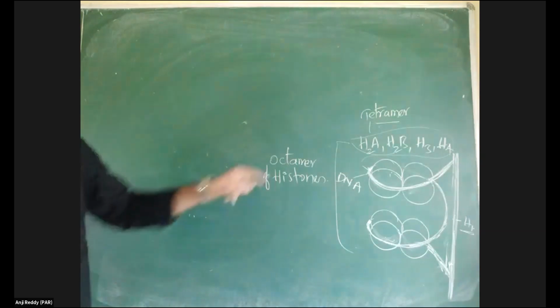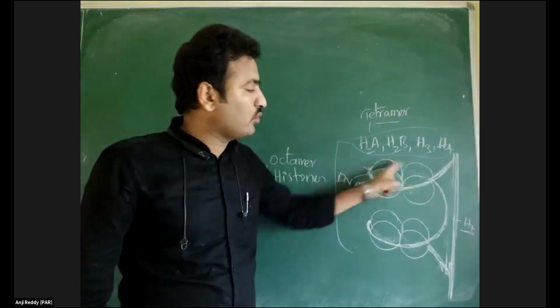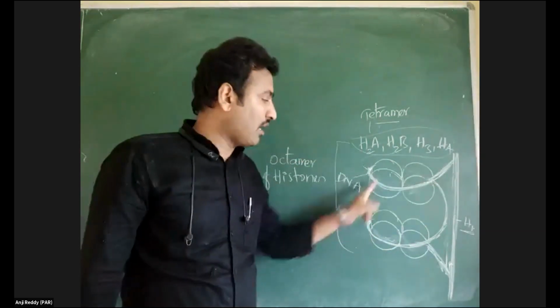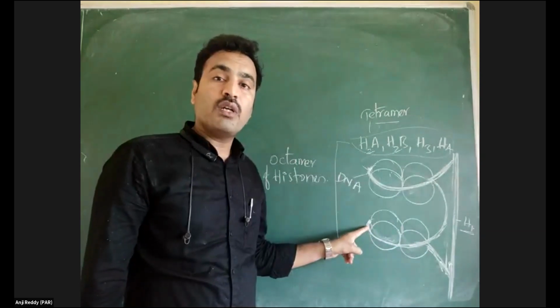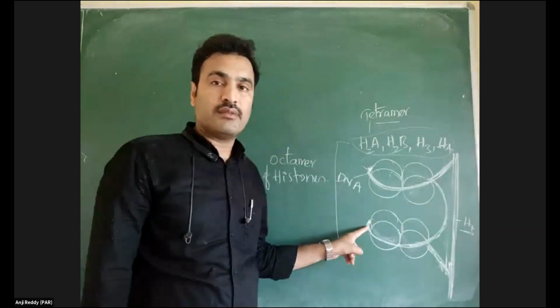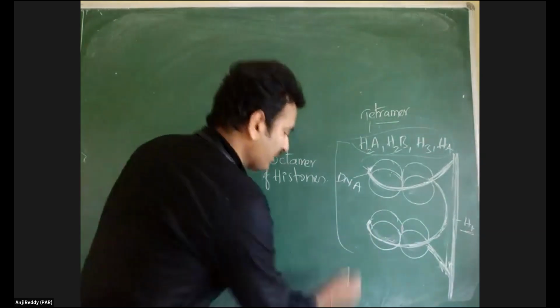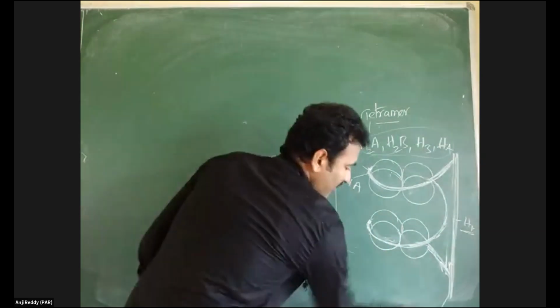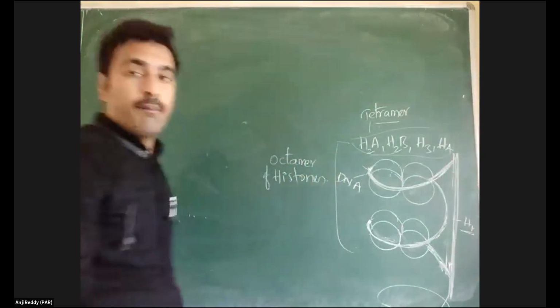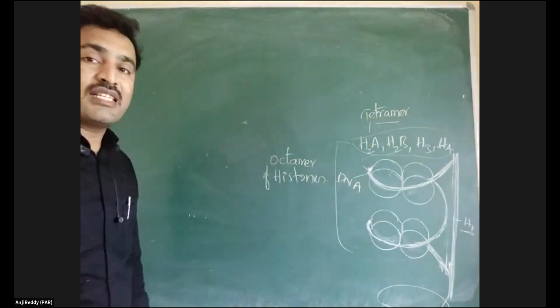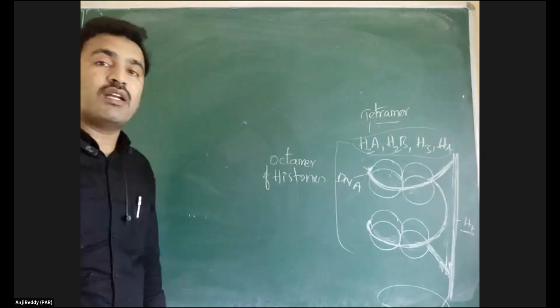The 2 turns of DNA present in the octamer have 146 base pairs length. Between the 2 octamers, there is presence of some extra DNA called linker DNA.